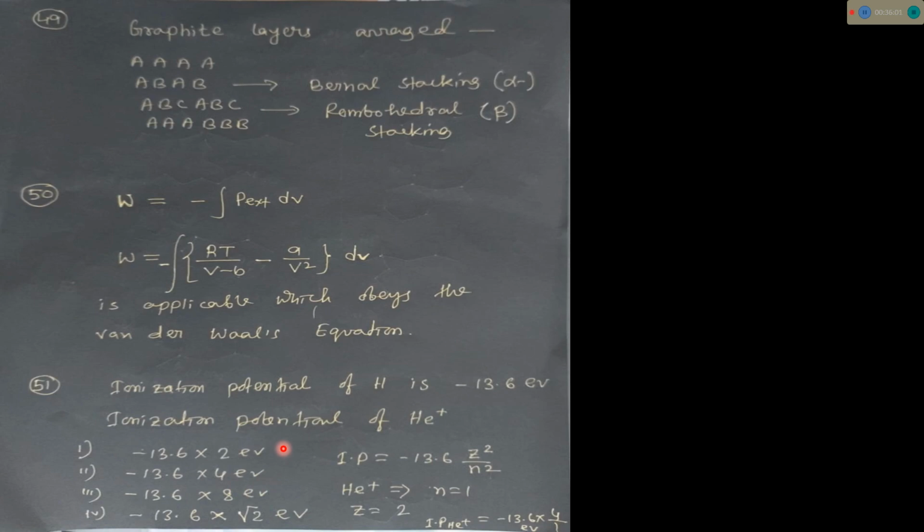I don't remember it completely, but we know that the ionization potential of a species is minus 13.6 Z square by N square.